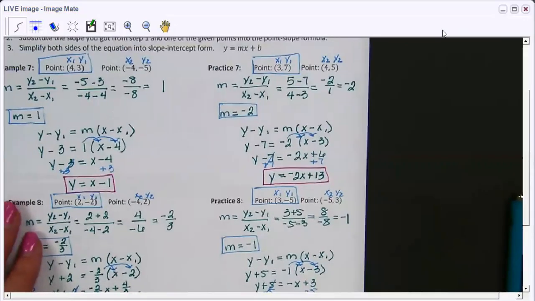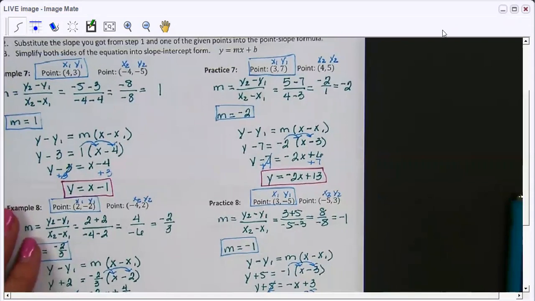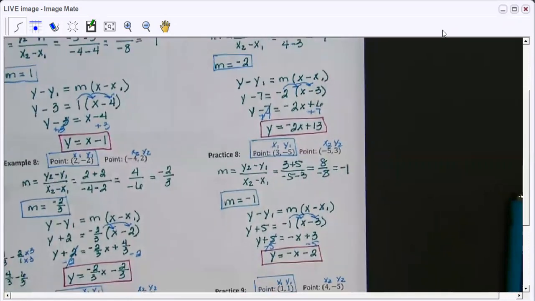Okay, here is 7, so go ahead and check that one. And then here is 8.